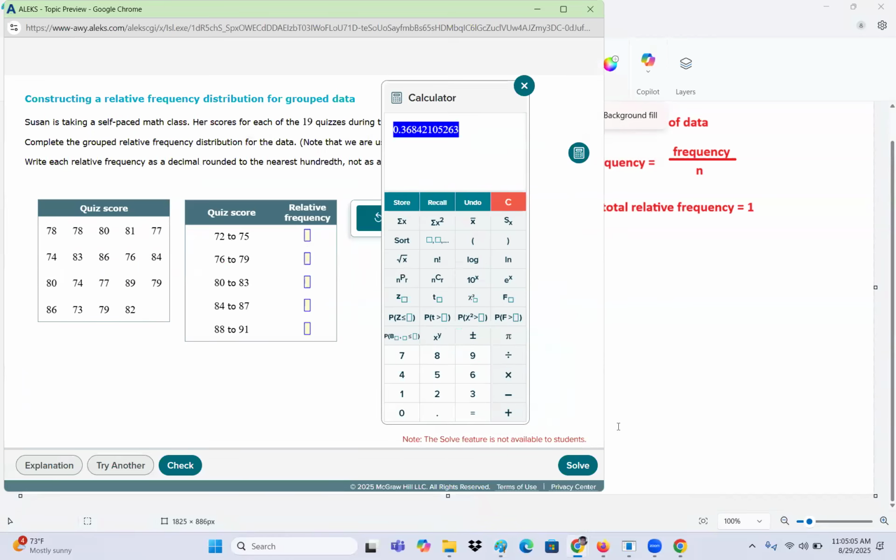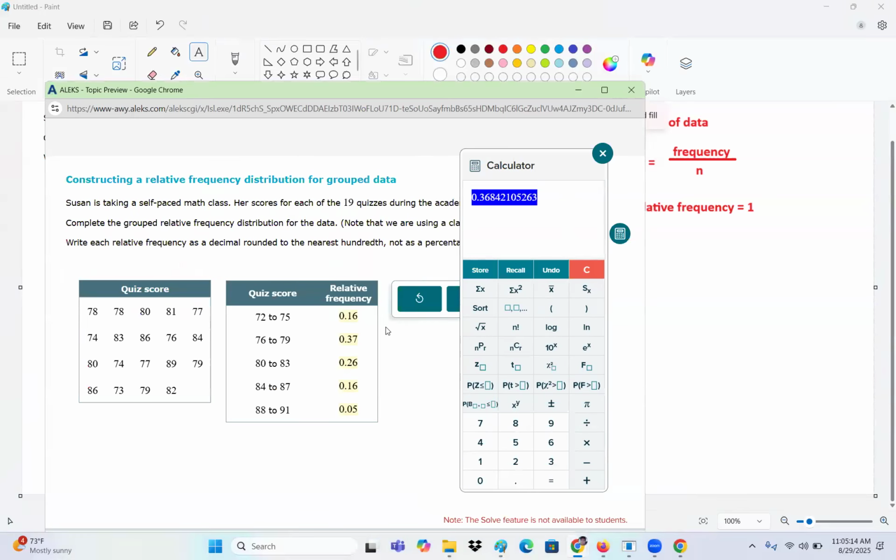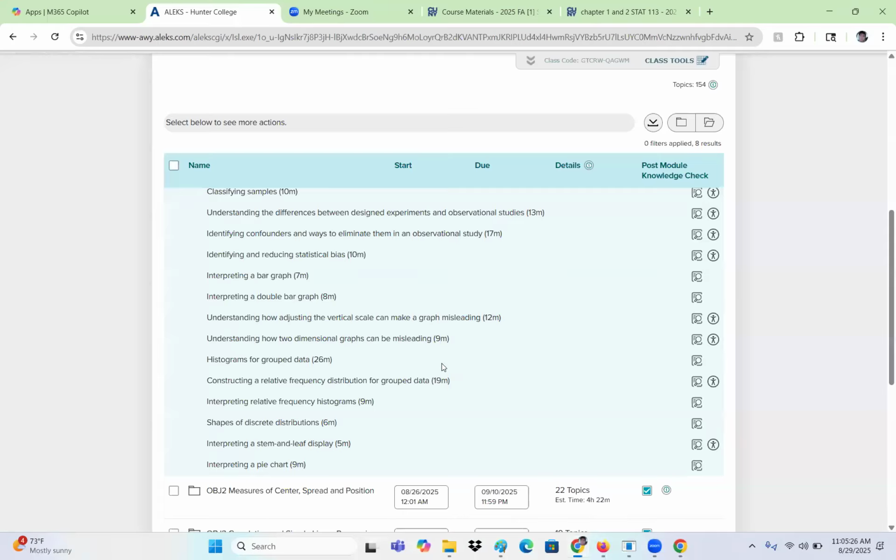So we can check this, right? It's 0.16, 0.37. When you add up all of these values, they have to be exactly 1. So some decimals you have to round up, some you have to round down. Okay. All right, let's move on to the next topic.